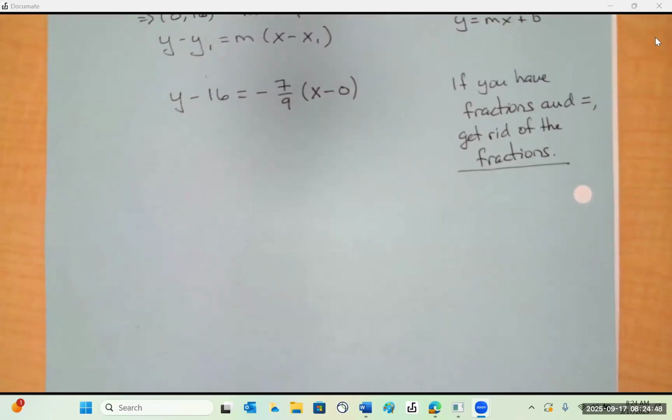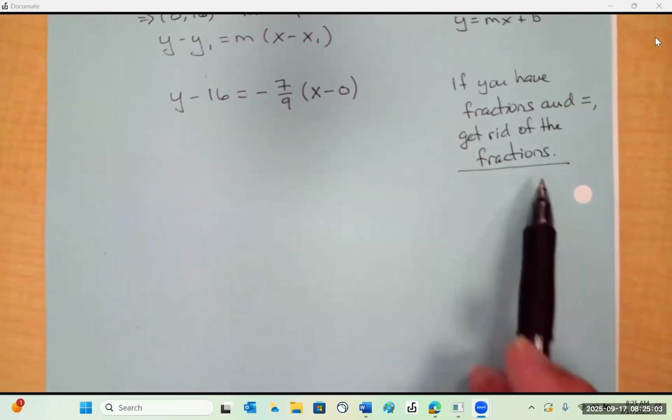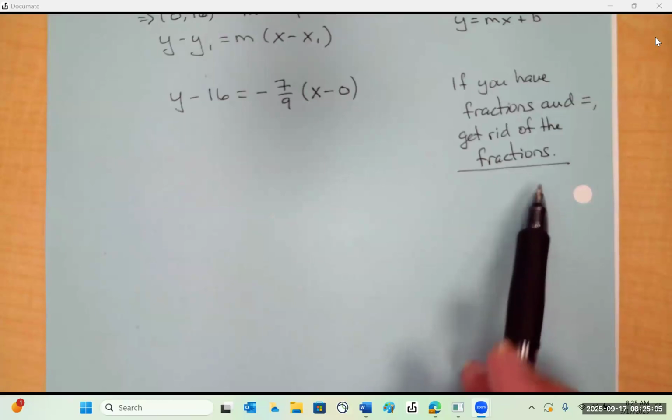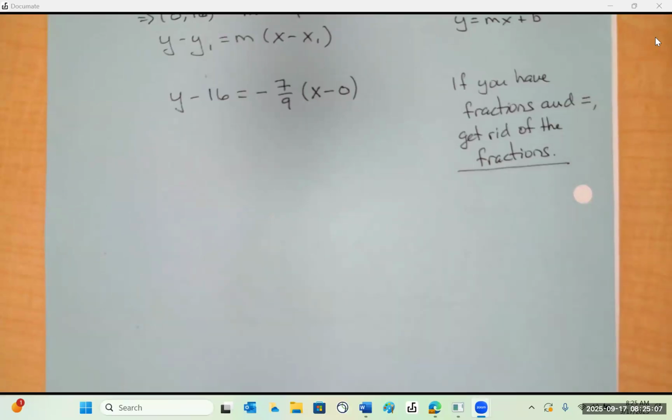I'm telling you this is to make things easier for you in the long run. Because if we leave it in fractions, then we have to incorporate the rules of adding, subtracting, and multiplying fractions, which is a lot of extra work. But if we get rid of the fractions, we eliminate all those extra rules.